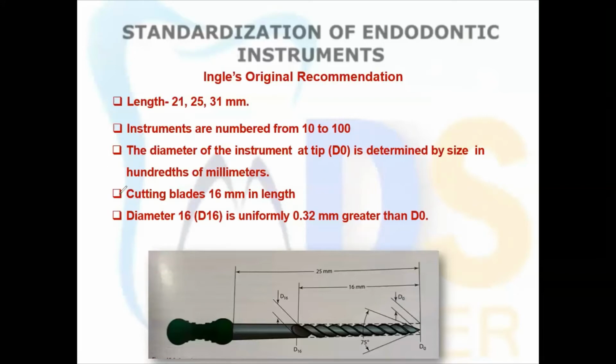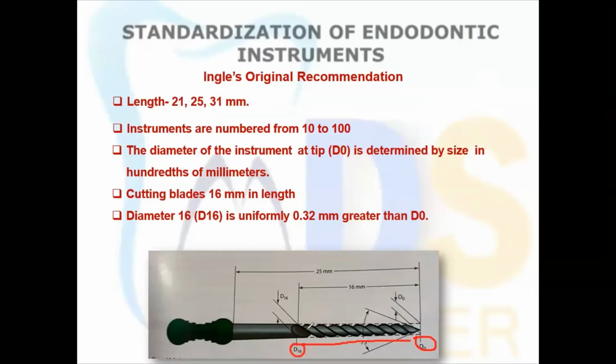Coming to the next important point, the cutting surface of the instrument. It is 16 mm in length, starting at the point designated as D0, and it extends along the shaft till the point D16.